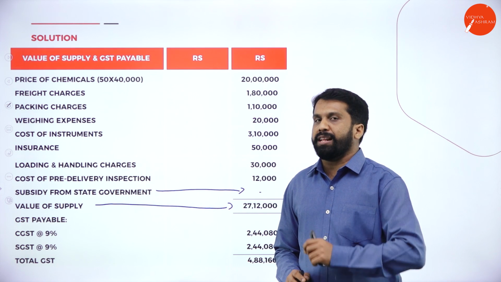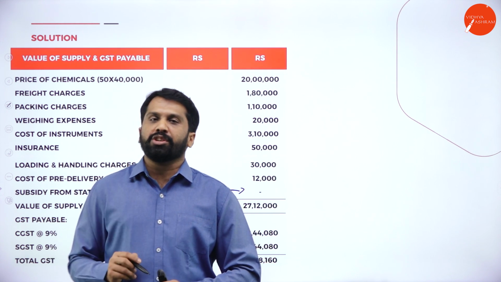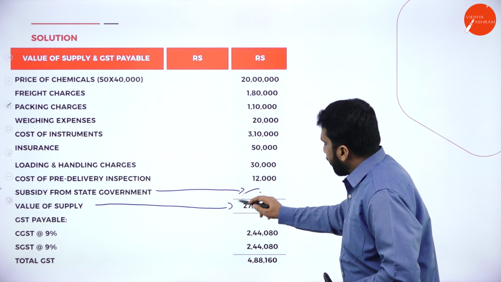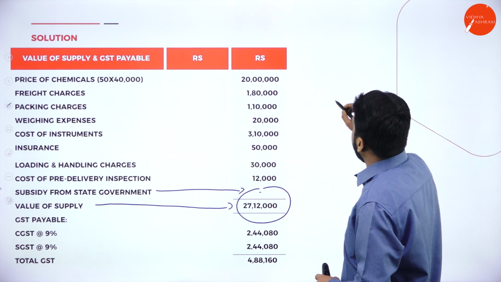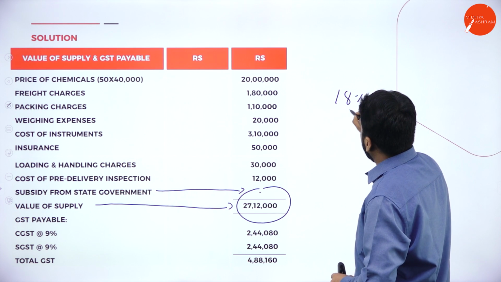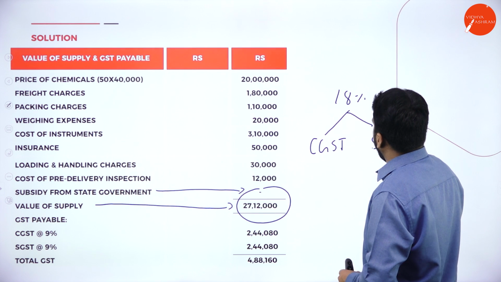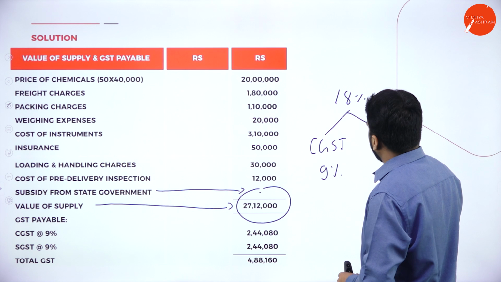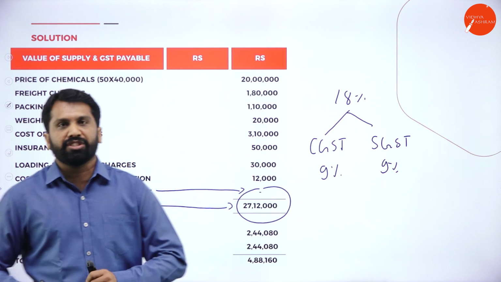Once you got the value of taxable supply, what is the tax calculation? What is the GST rate? 18%. Now on 27 lakh 12,000, 18%. In this 18%, we have CGST and we have SGST. 9% will go for CGST and 9% will go for SGST.